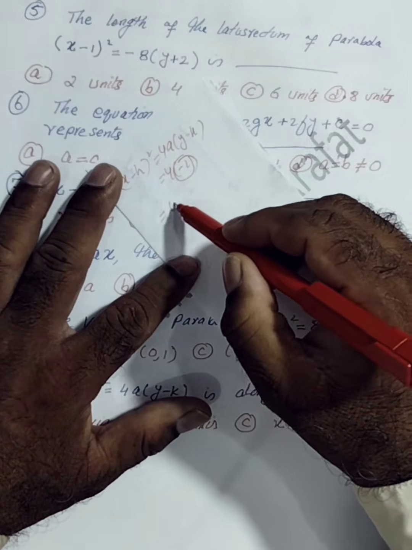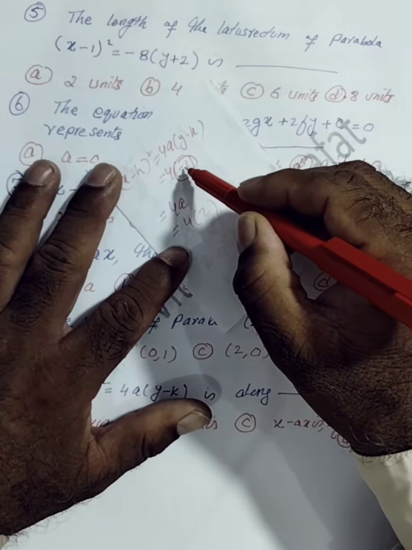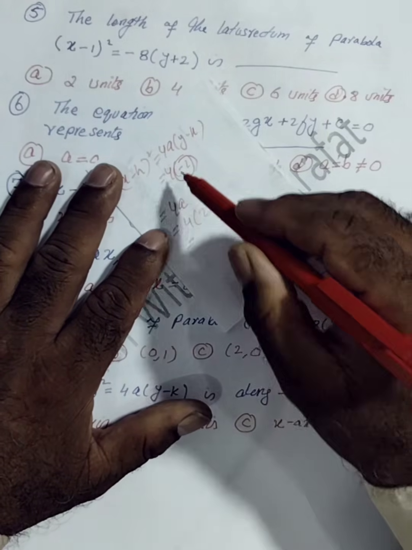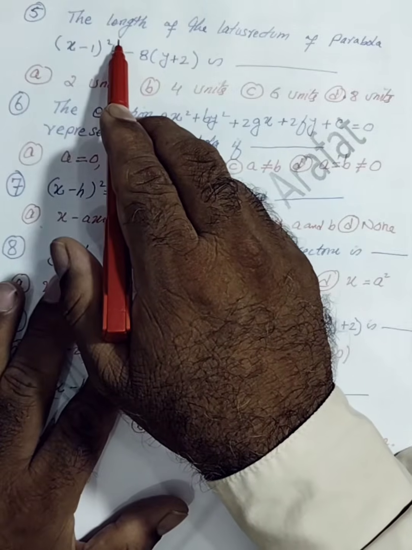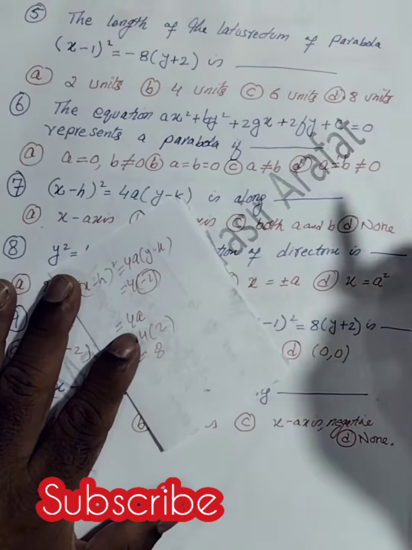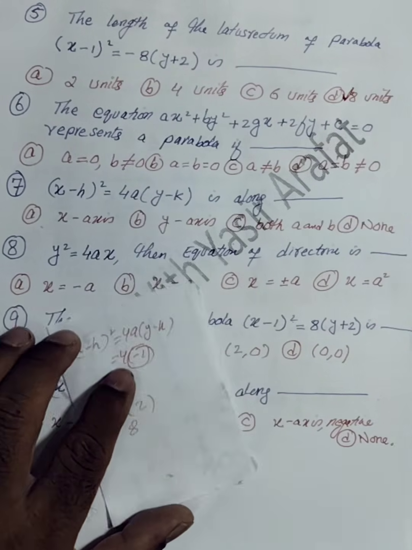The length of the latus rectum is 4a, so 4 multiplied by 2. We will not consider the negative sign because we are considering distance, length here. So 4 twos are 8. For the fifth MCQ, the correct answer is D, that is 8.